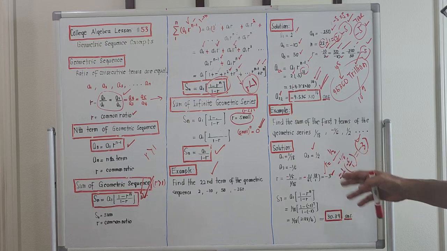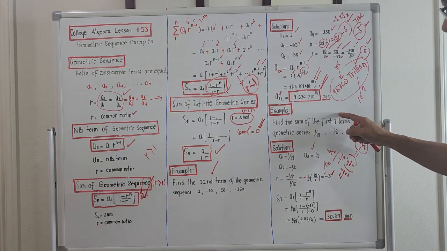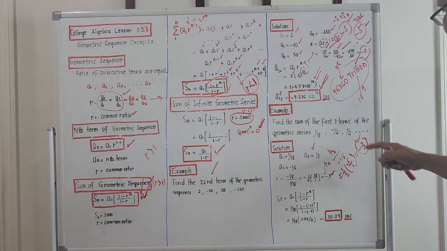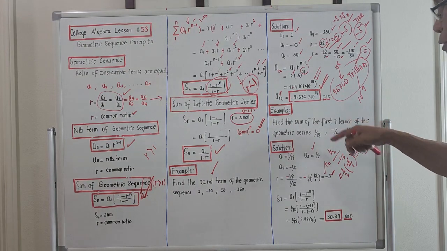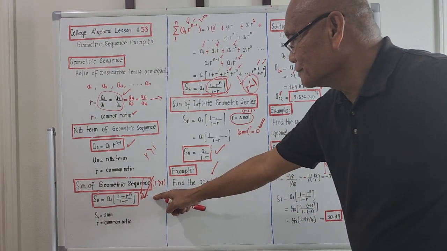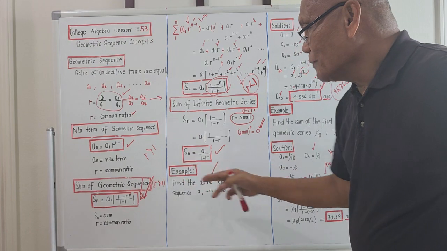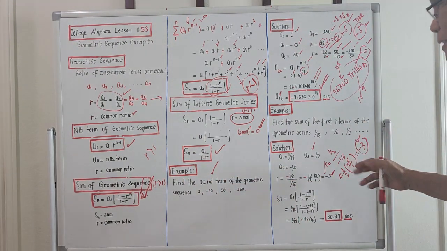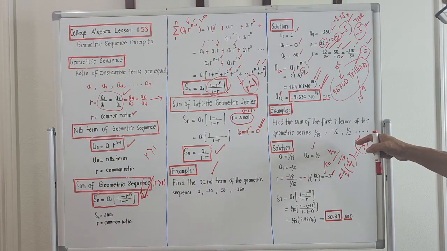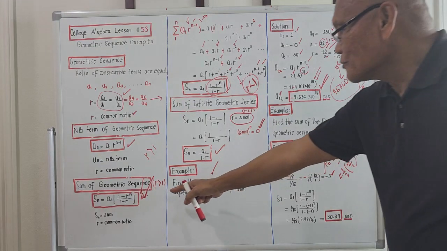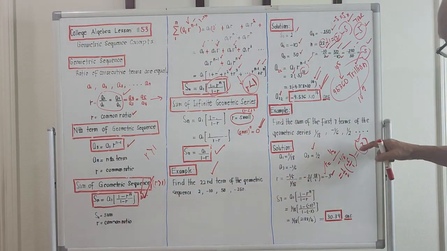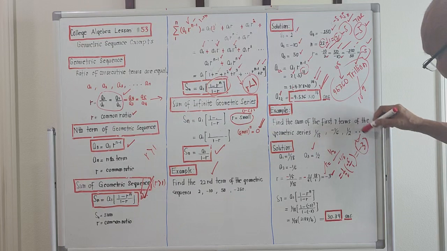And to take the sum up to the 7 terms, we will be using the second equation. The absolute value of r is greater than 1. We should take the absolute value of r.